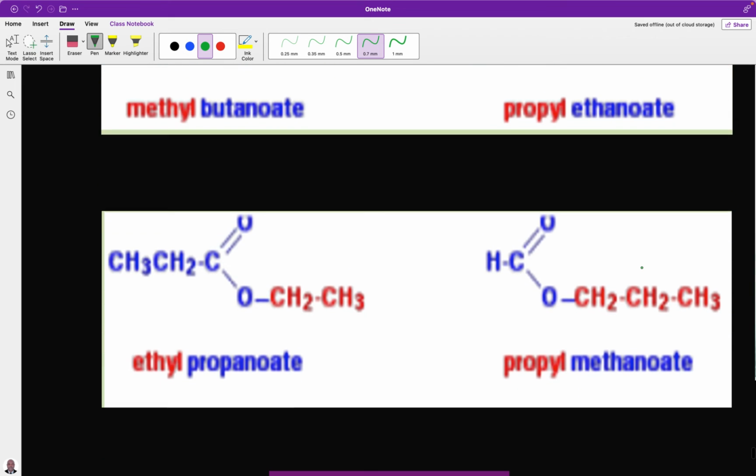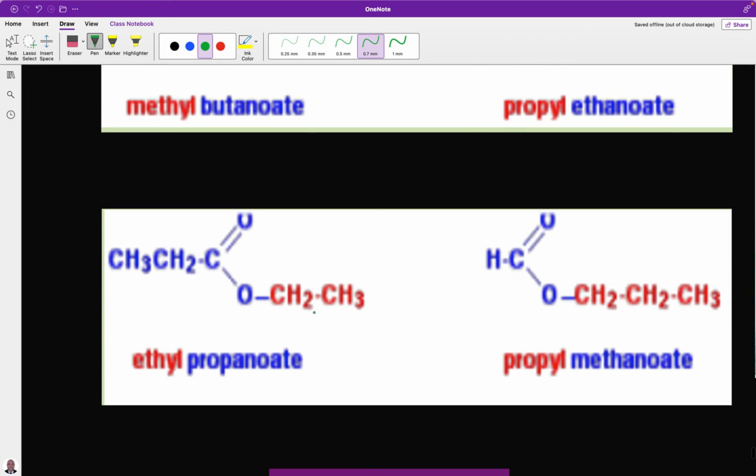The same thing goes for the third one here. The alcohol here is ethanol. It has provided the ethyl group. The acid here is propanoic acid. It has provided the second part of the name. And the full name of the ester is ethyl propanoate.